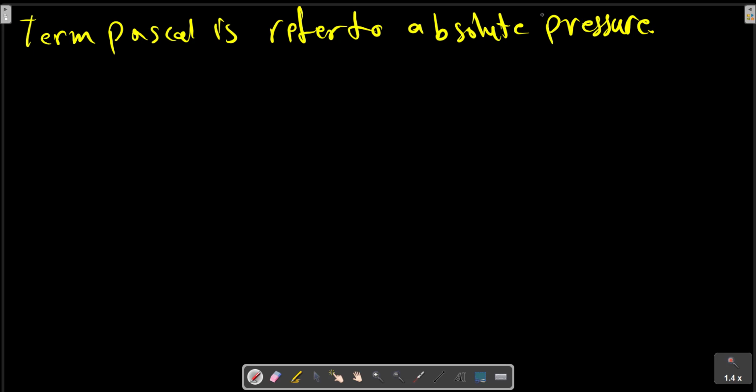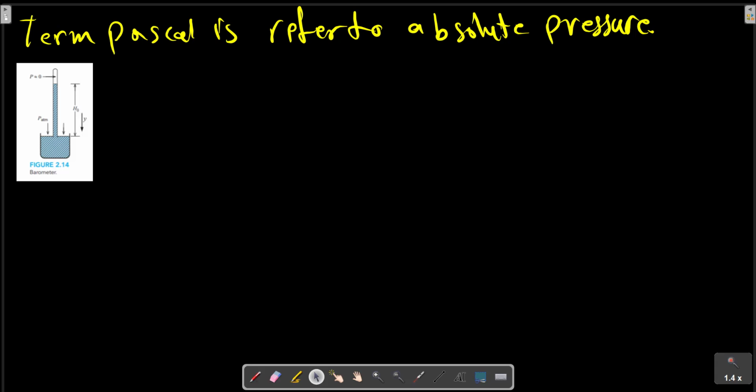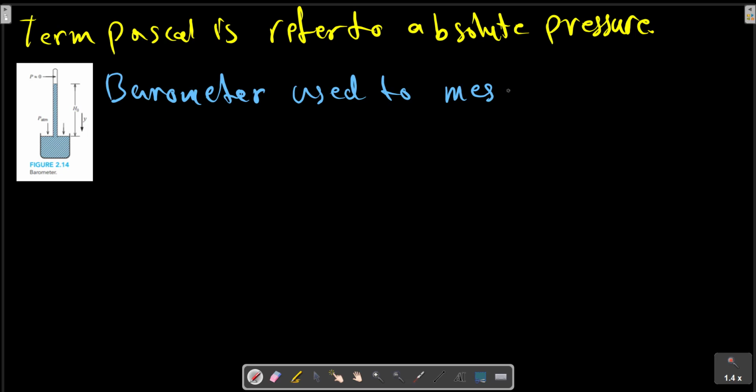Consider also a barometer used to measure atmospheric pressure, as in this picture.